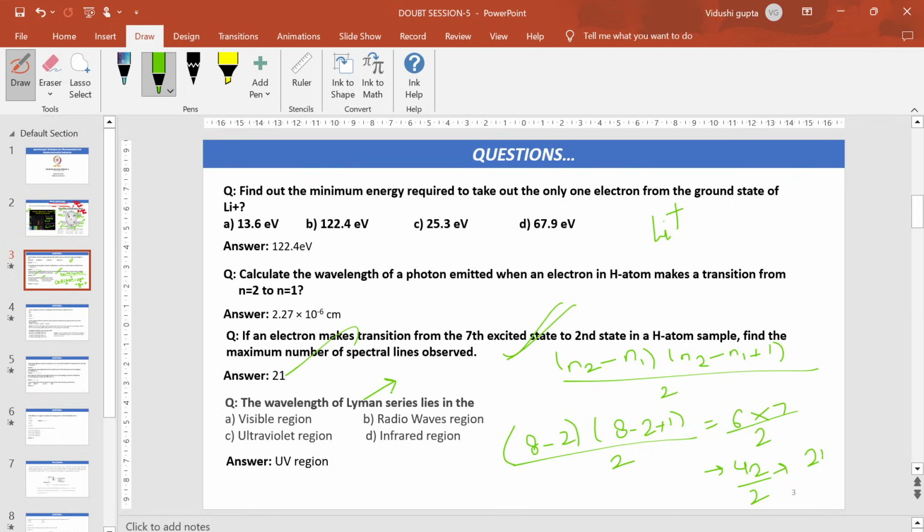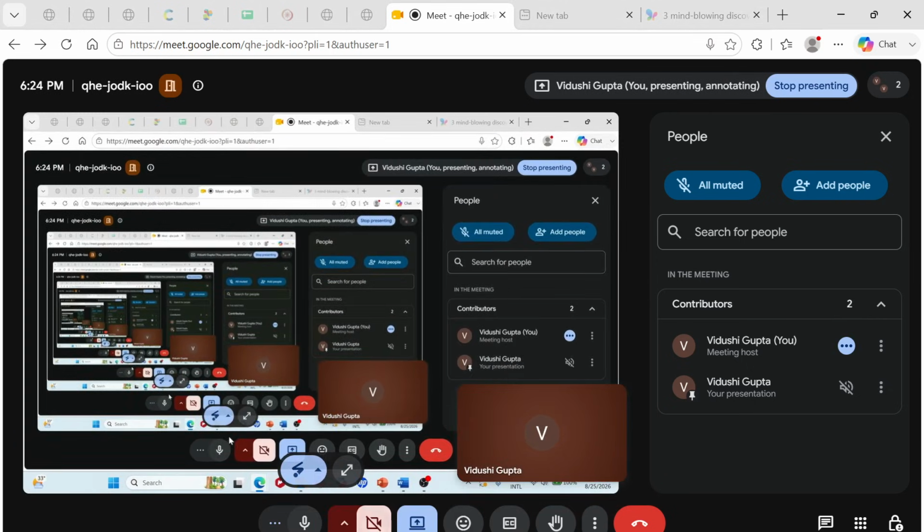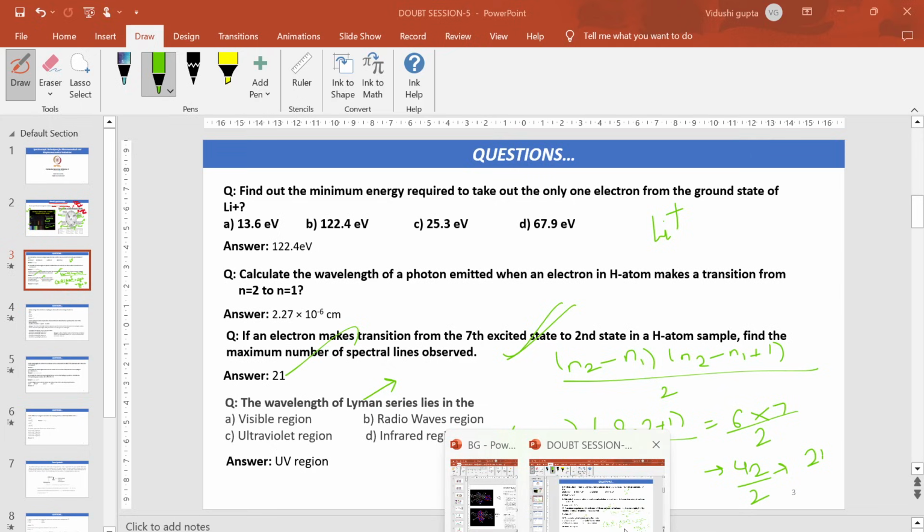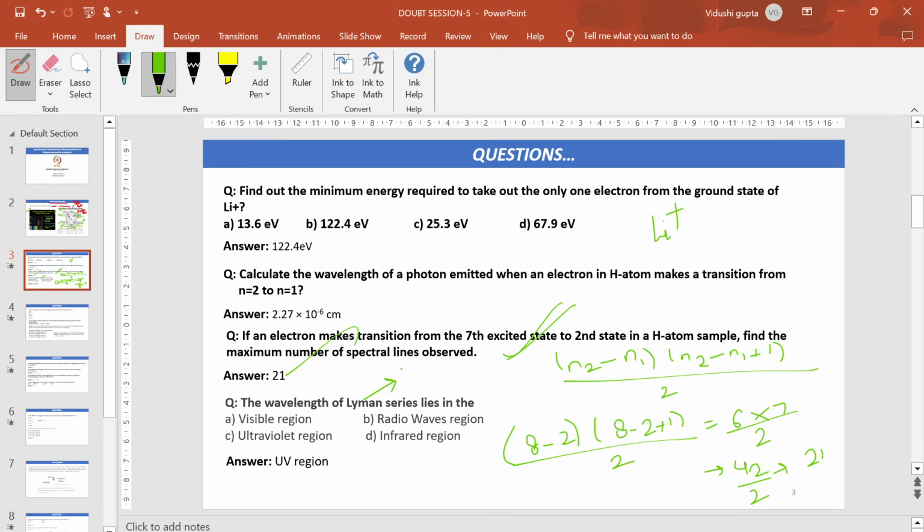Transition occurs from which orbit to which orbit? Lyman is the first series, so N1 will be 1 and N2 will be 2, 3 and so on. So we have already discussed its UV region. It is obtained in the UV region.